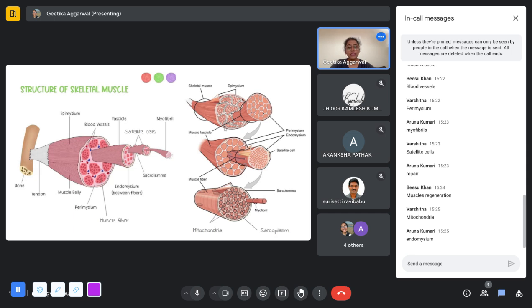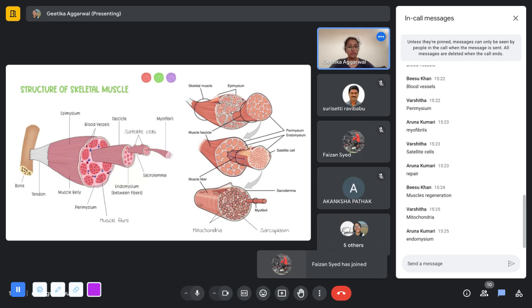And endomysium is the space that is present between these different muscle fibers. Okay, and perimysium is the space that is present between these different muscle fascicles. So this is basically the structure or the organization of the skeletal muscle.